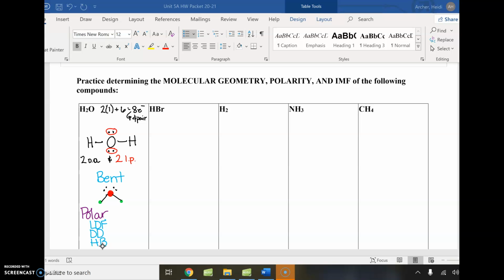We can do its Lewis dot structure. We can tell how many outer atoms and lone pairs it has. Therefore, what shape it is. And then sometimes it helps to draw out what that shape actually looks like to determine whether we have even distribution or uneven distribution and whether or not it's polar or nonpolar. In this case, it was polar.